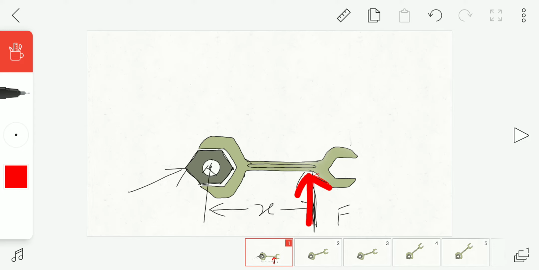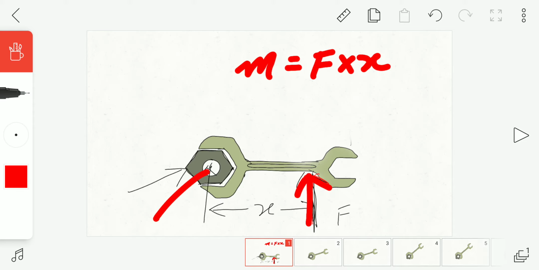In order to measure the intensity, the moment equals that force which I am applying multiplied by that particular distance. And this distance is nothing but the perpendicular distance between the line of action of force and the point at which the moment is required.